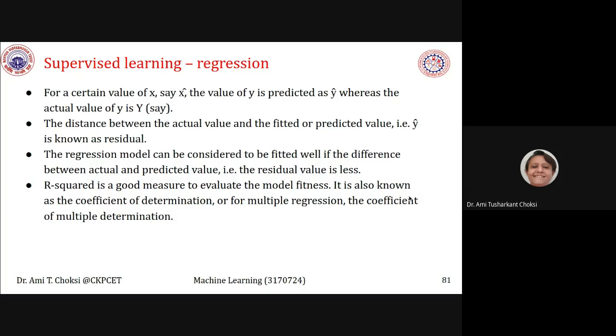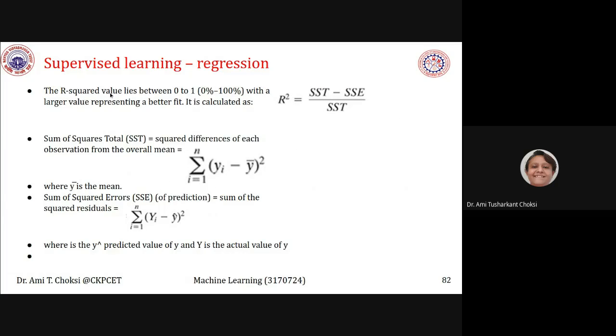It is also known as the coefficient of determination, or for multiple regression, the coefficient of multiple determination. The R squared value lies between 0 and 1, with a larger value representing a better fit, and it is calculated using SST, the sum of squares total, and SSE, the sum of squared errors.